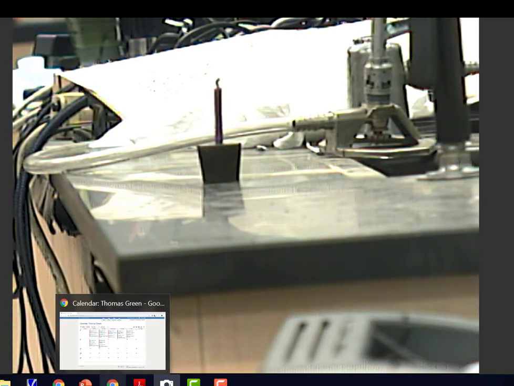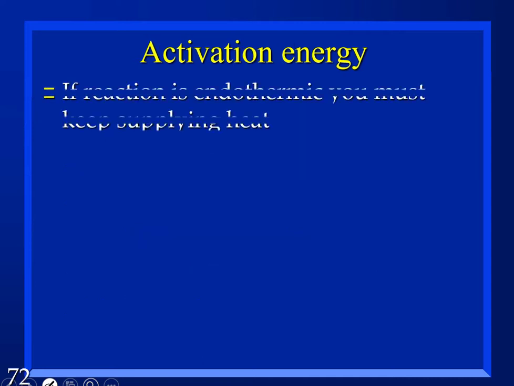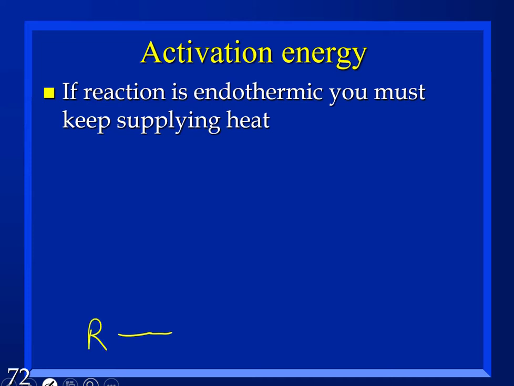Okay? So got the idea of activation energy? They got to hit hard enough. So if the reaction is endothermic, you have to keep supplying the heat. Because on the graph of an endothermic reaction, the products have to be higher than the reactants, but actually the activation energy goes up above that.